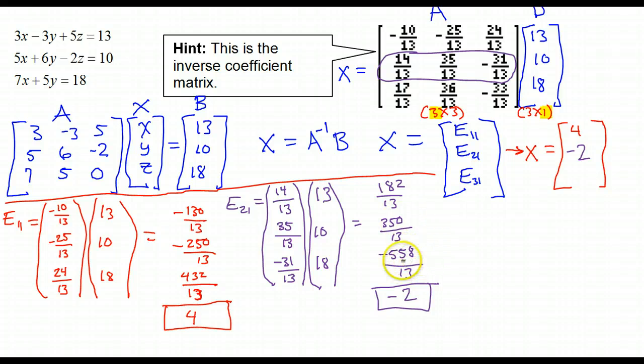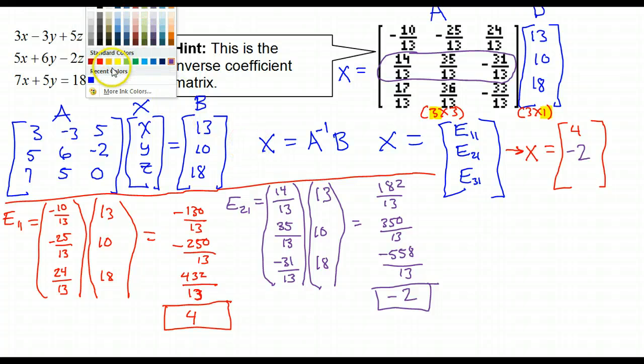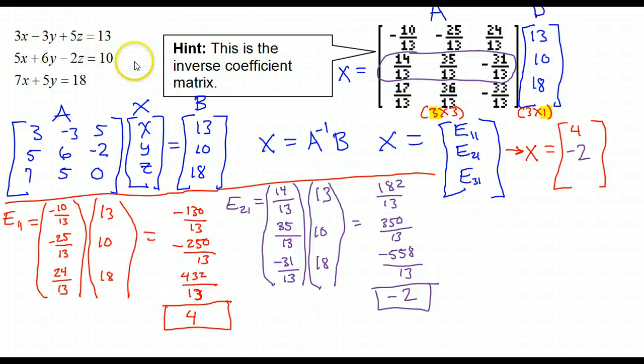Alright, let's do this one more time. See if I can squeeze it in. I think I ought to do green now. Okay, one more time. So I'm doing element 3, 1. So I need to do row 3 now.